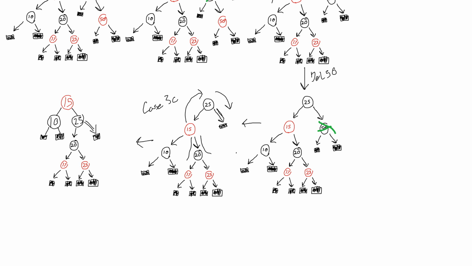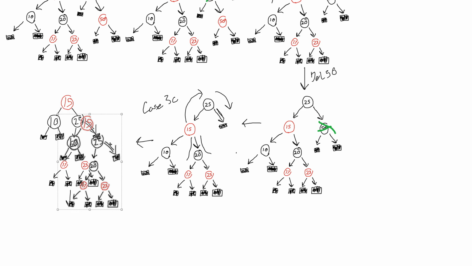Right? So we've rotated, but we're not done with the requirements for this case quite yet. After we rotate, we need to do some recoloring in order to finish up exactly what this case tells us to do. The exact recoloring we're going to do is we're going to color the new parent black, and then we're going to color the old parent red.